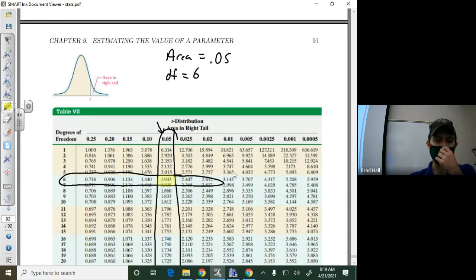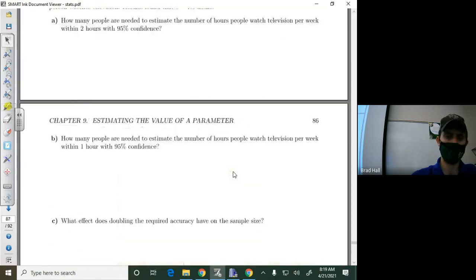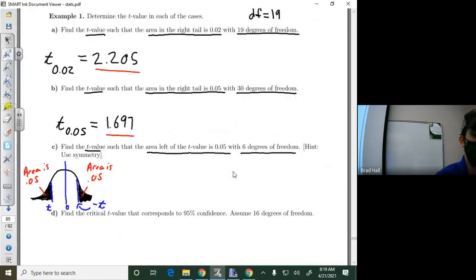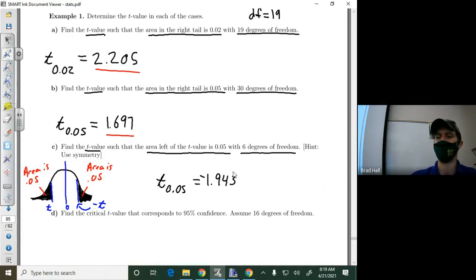So it tells us that the t-value is 1.943. But we have to add a negative to it because they gave us area to the left. We had to find the area to the right and then negate that because we found it on the opposite side. So that's why. So that's the answer.